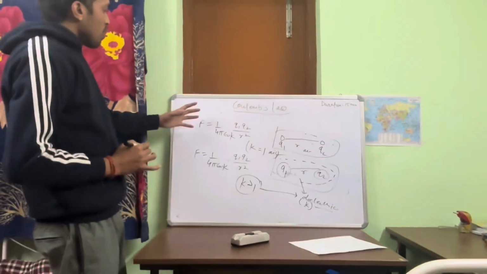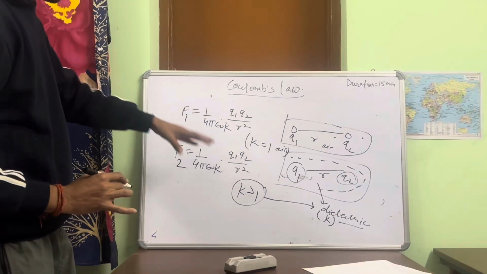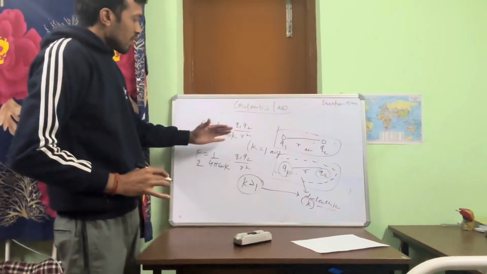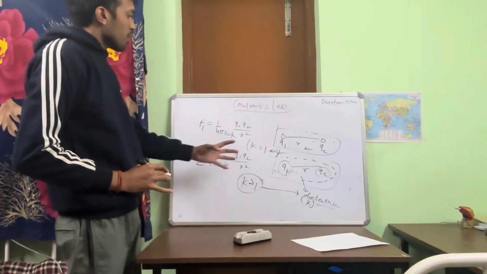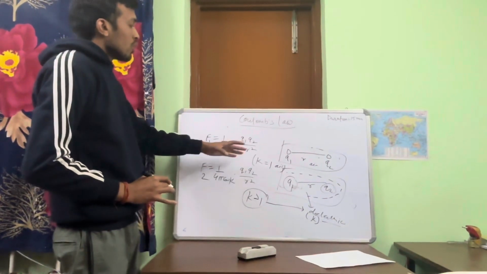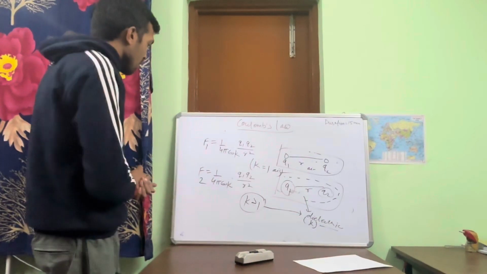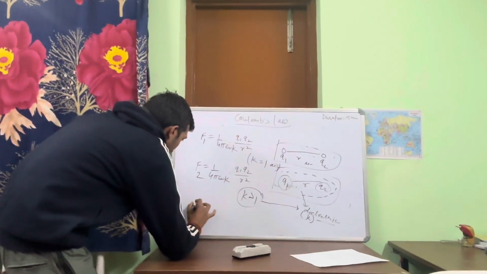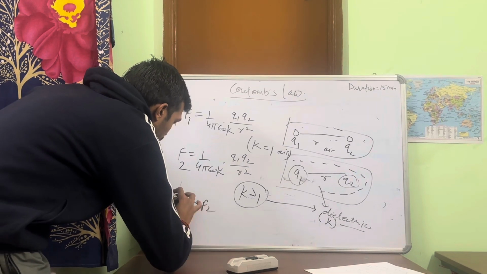So from comparison of these two forces, if the value of k is greater than 1, then the force between two charges in a dielectric medium is less than the force between two charges in air medium. So here we can see F1 is greater than F2.